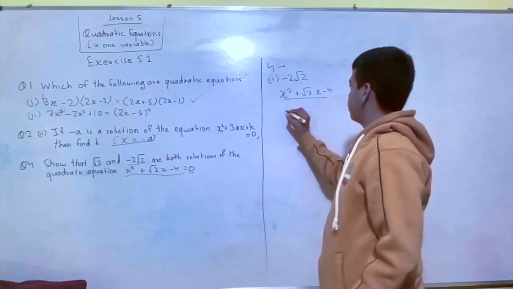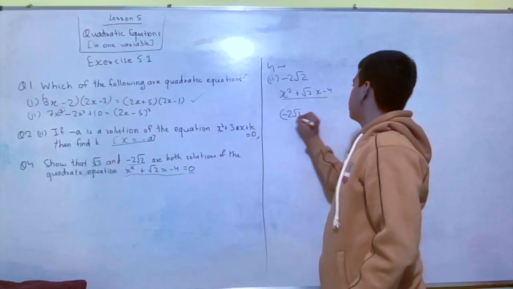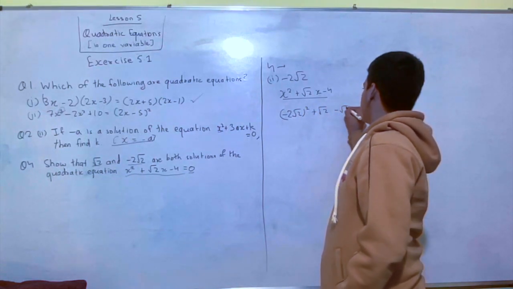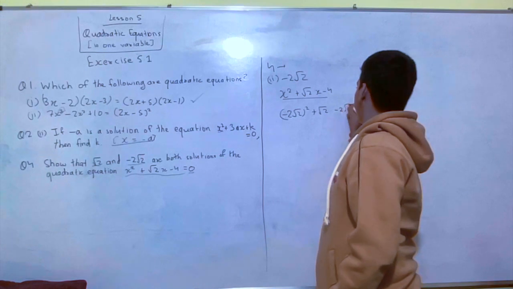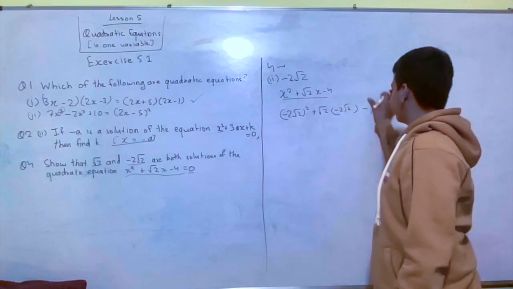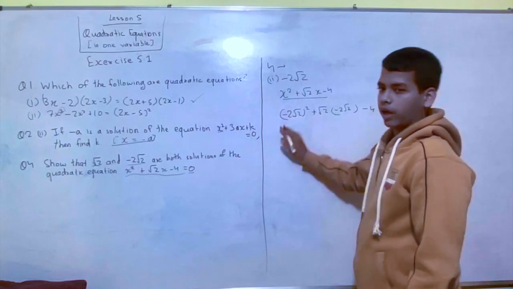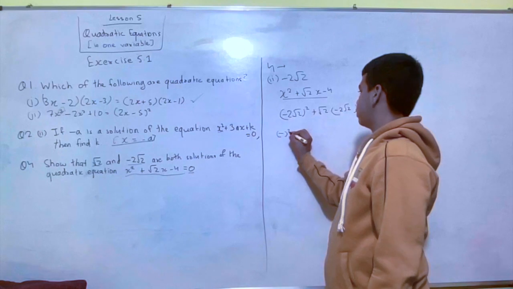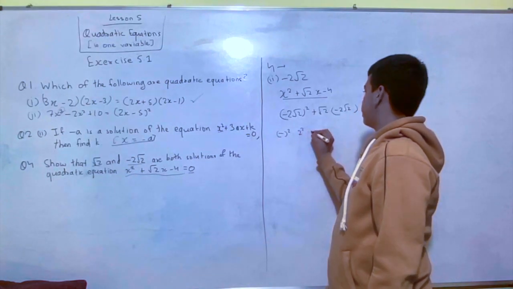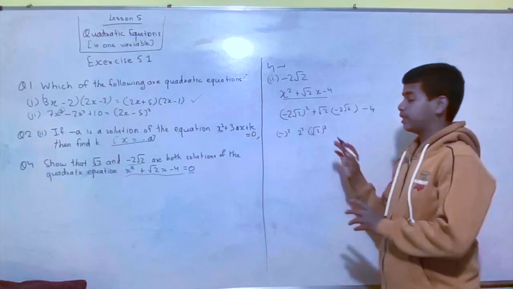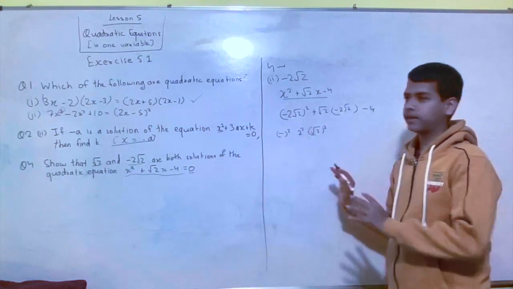We have to just put (minus 2 root 2) square plus root 2 times minus 2 root 2 minus 4. Now how will we square it? We have to do it individually. We have to do it like minus square times 2 square times root 2 square. We can do it directly, but just for explanation purposes I am breaking it into proper steps.